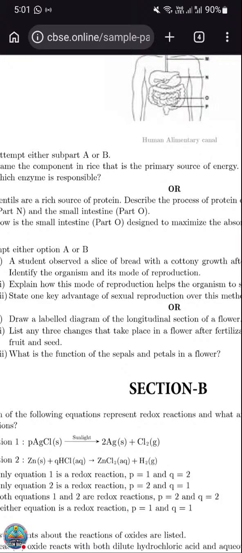So what is that cottony growth? This is the growth of fungus. Then identify the organism: there are fungi, a fungus, and then the mode of reproduction. So it is a... no one is answering.